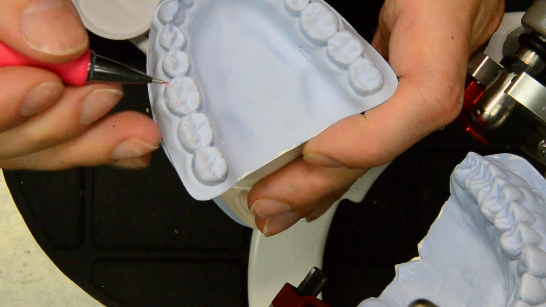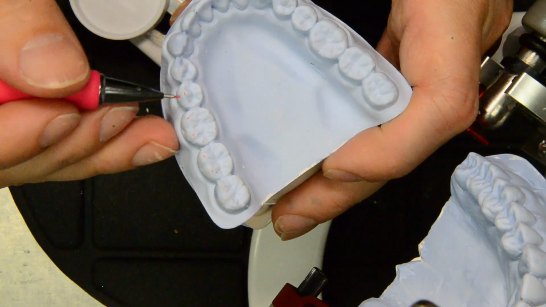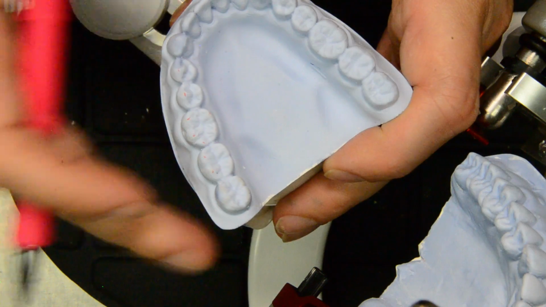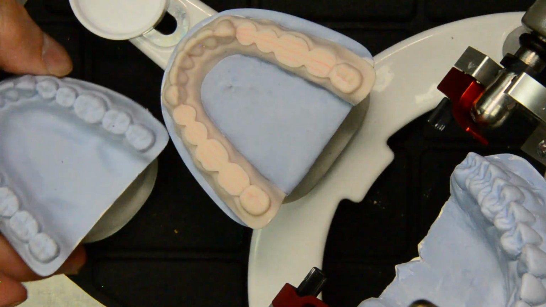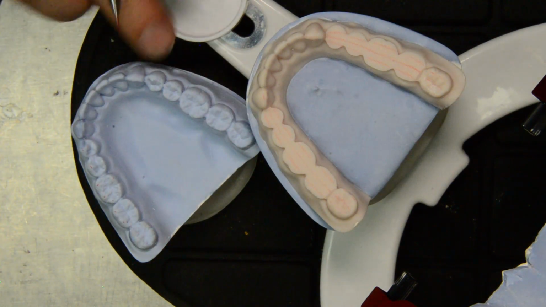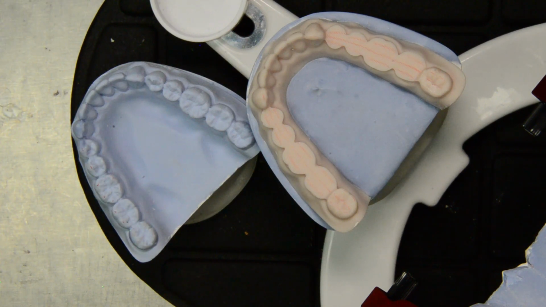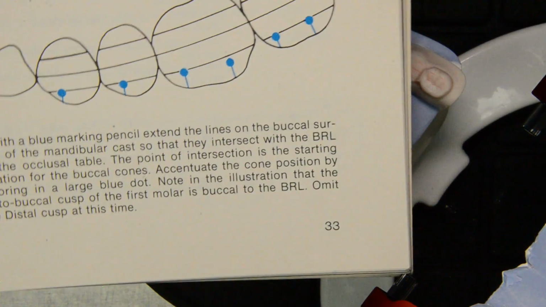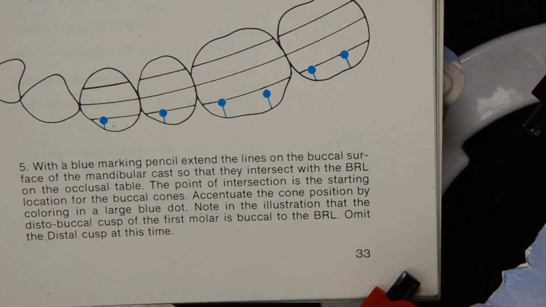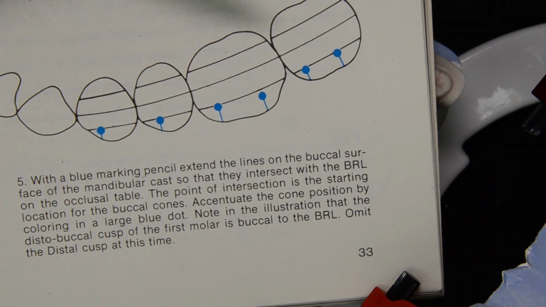So if we draw a point on each of these cusp tips here, we can approximate where these are going to go. If we place it adjacent to the other arch, we can tell. There's a book here that we can take a look at, to see how they place the cusp tips.